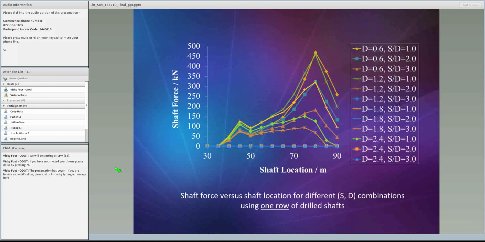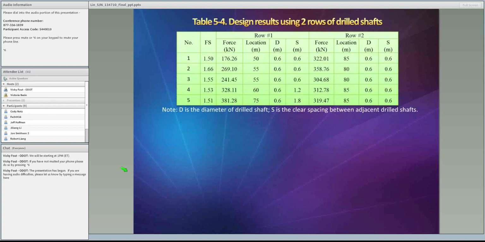Then we add another row of drill shaft, which is 3 rows of drill shaft. And we can see that we output the factor of safety bigger than 1.5, and also the shaft force is less than 200 kilonewton. So we got these final 2 design results.